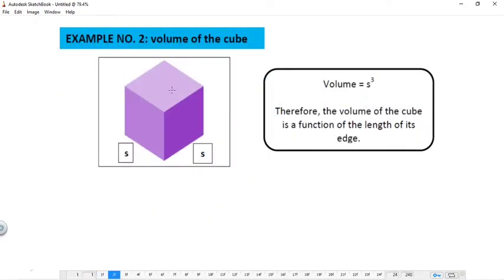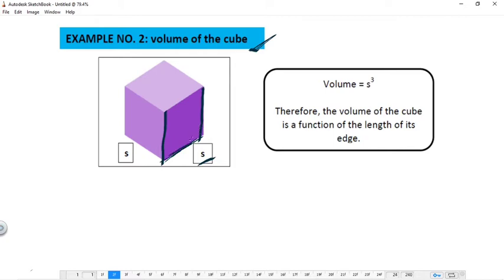For example number 2, this is the volume of the cube. We represent the length of the edge as s. And we already know that the edges are all equal. For instance, we will find the volume.